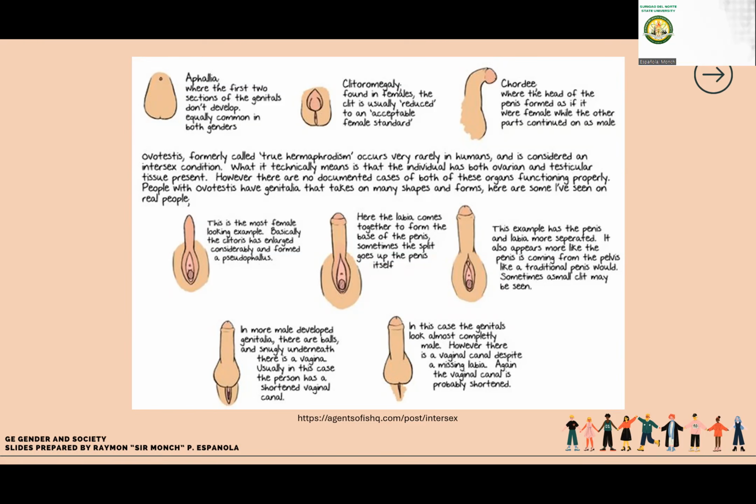Also chordee, where the head of the penis formed as if it were female while the other parts continued on as male. Okay? And other things, di ba? So, kaning other examples, you can see medyo nag-mix up gyud ang male reproductive organs and female reproductive organs.